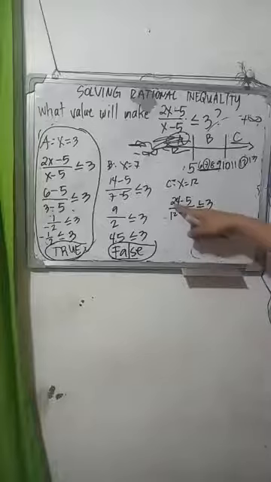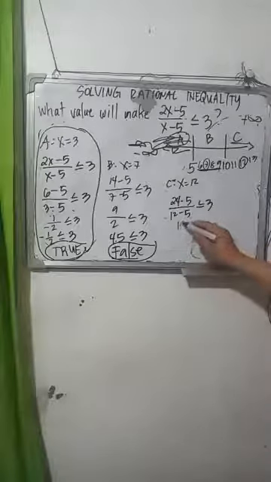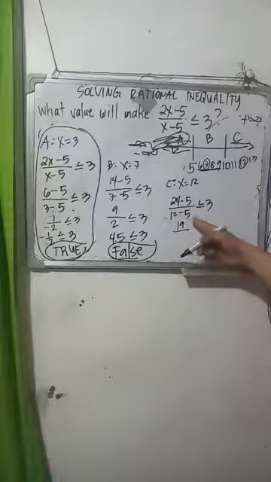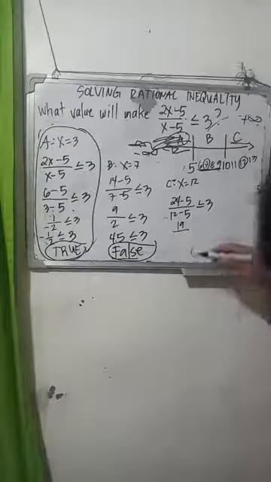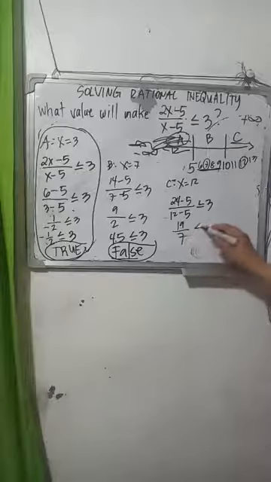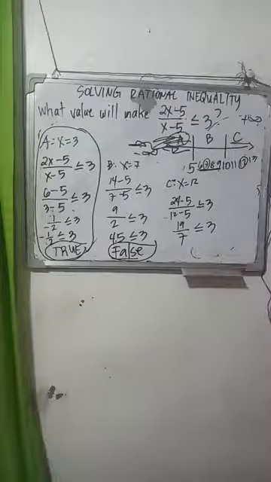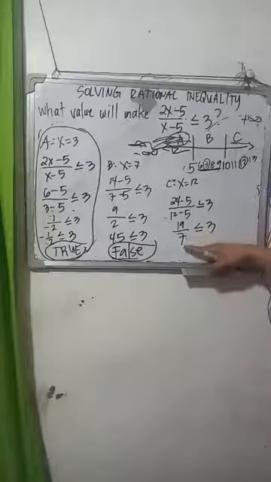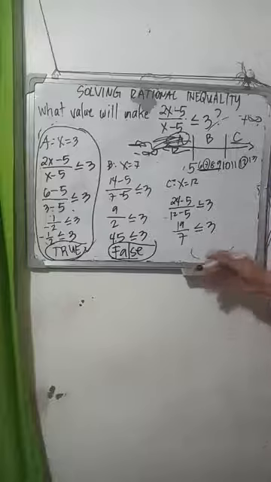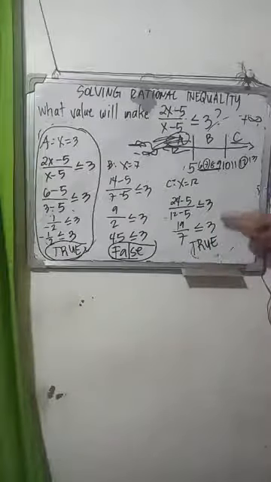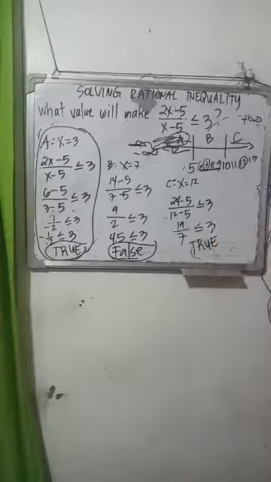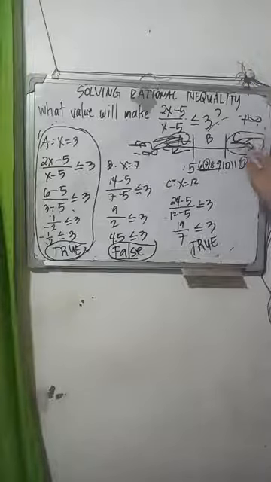So 24 minus 5, that is 19 over 7, less than or equal to positive 3. So 19 divided by 7, that is 2 point something. So that is true. Mas malaki yung 3 kaysa sa 19 over 7. So interval C is the solution of the inequality.